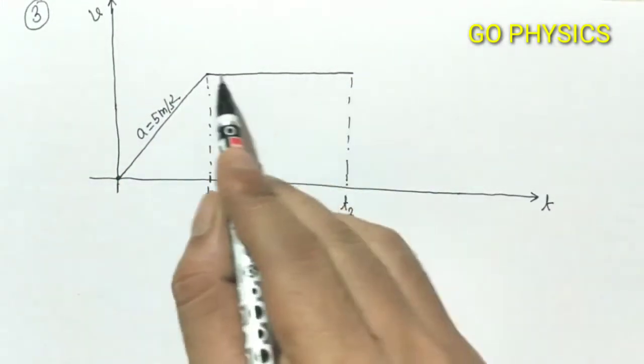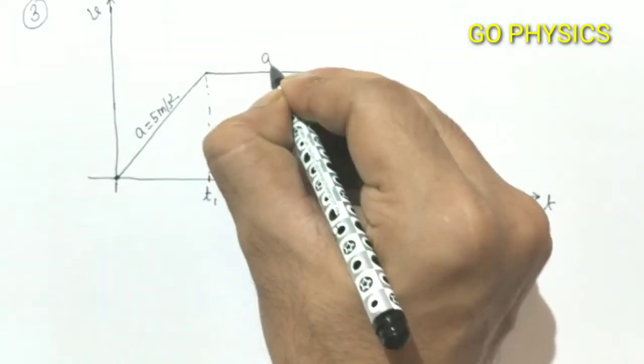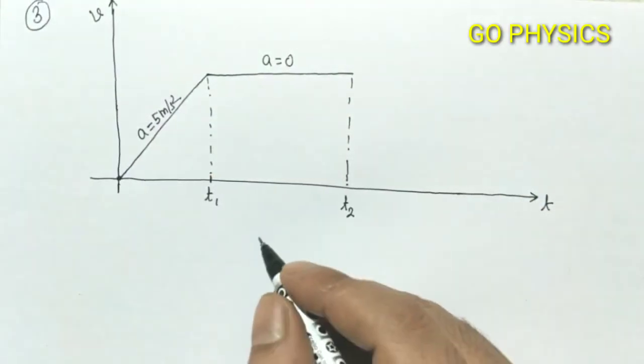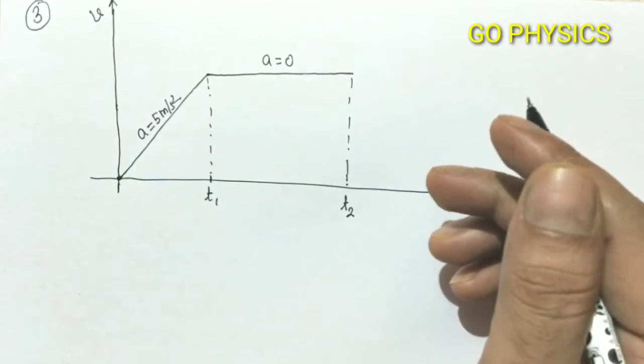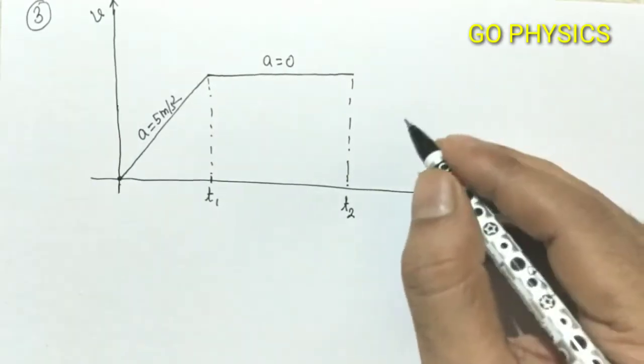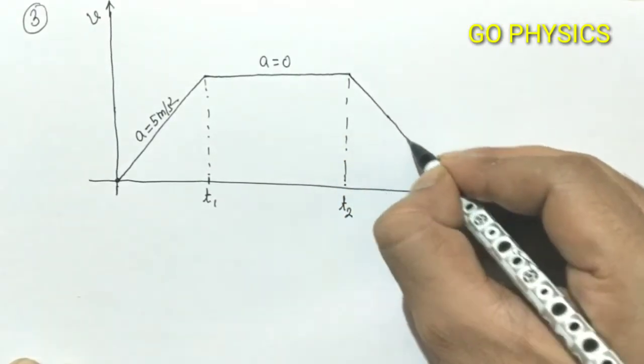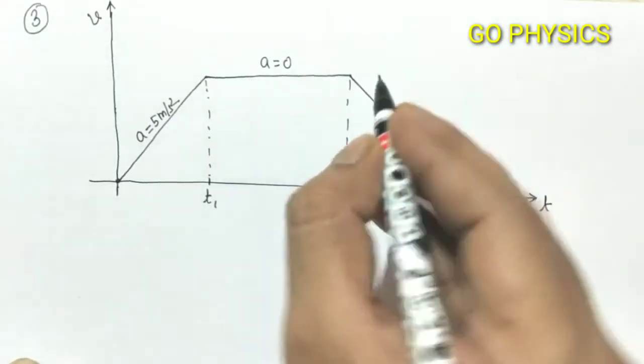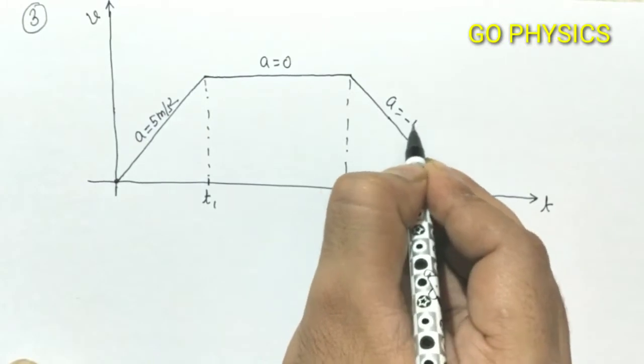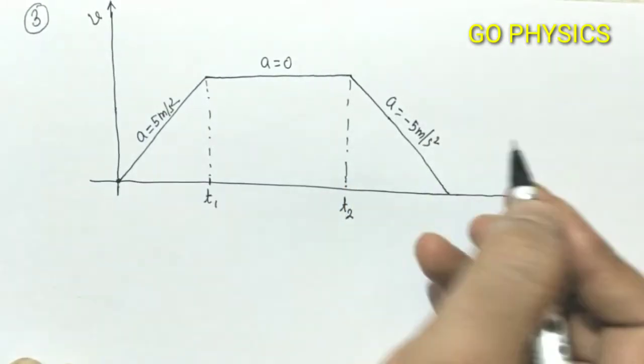Since this motion is uniform velocity, here acceleration will be 0. And finally, the body comes to rest by decelerating at the same rate, that is, it is coming to rest, 0 velocity, by decelerating by the same amount, minus 5 meter per second square.